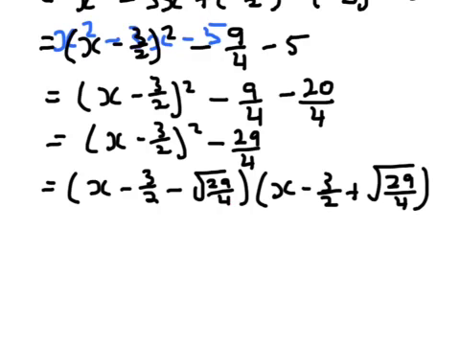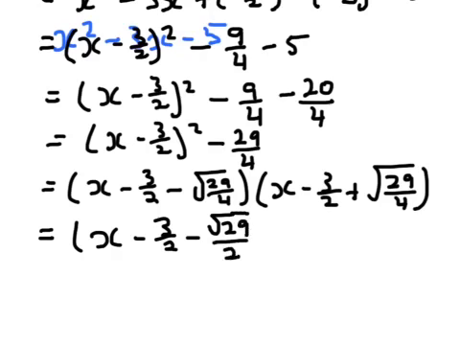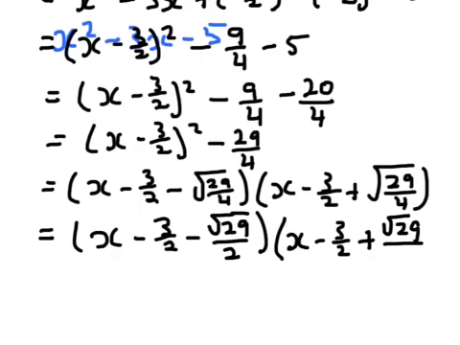So just tidying it up a touch, we would say this is equal to (x minus 3 on 2 minus the square root of 29 on 2), close brackets, (x minus 3 on 2 plus the square root of 29 on 2), close brackets, and that's that example done.